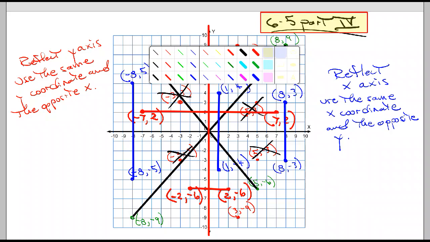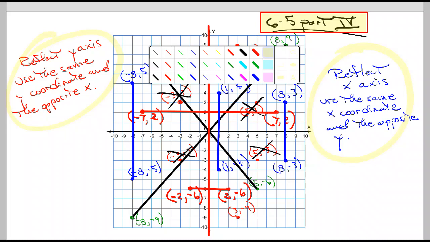One thing, although they have the same information in your book, you might want to write that down. Their example of reflecting both, I think it's confusing. So I would just remember you just change the sign of both x and y.